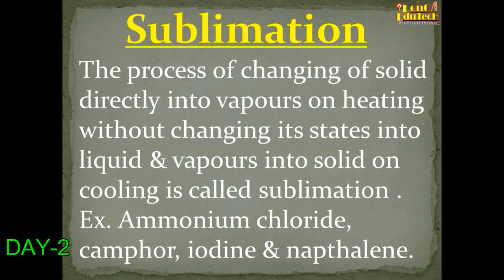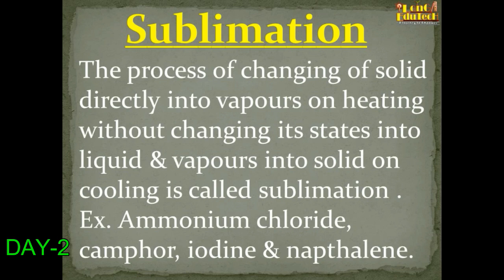That means a solid can directly change its state to a gas when we apply heat, and when we cool the vapor, it directly comes back to solid form without passing through the liquid state. This process is called sublimation.